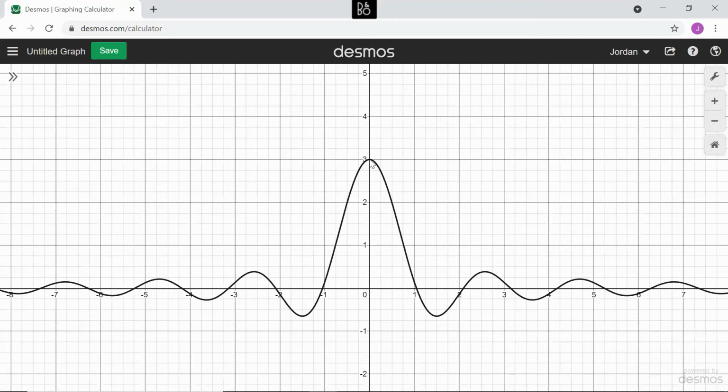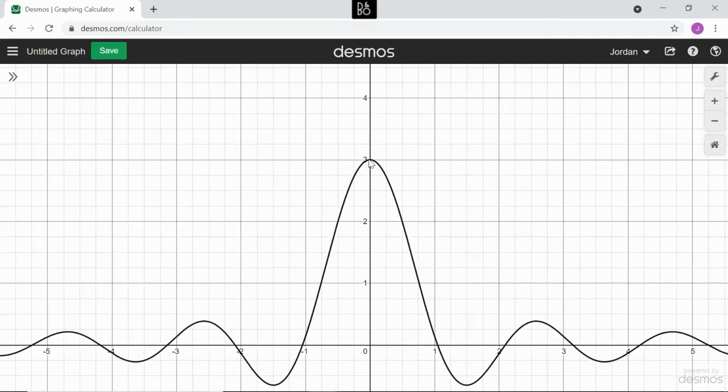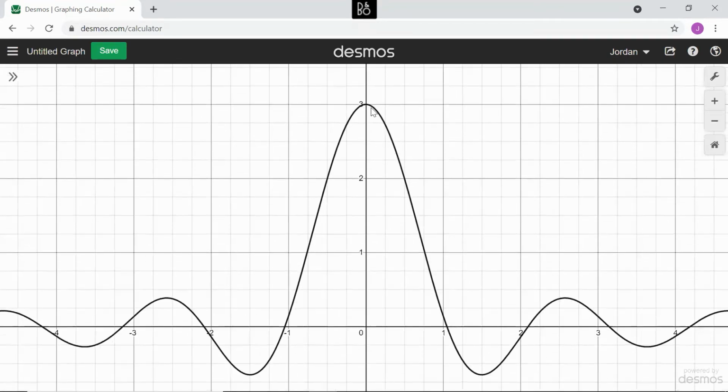So the point gets closer to here, and the y value gets closer and closer to 3. There's technically a little hole in there, but it doesn't show up on my graph. So that's, again, confirmation that the limit of g of x is equal to 3.